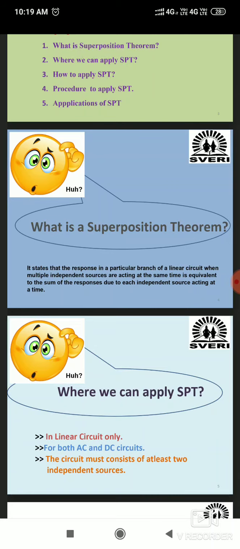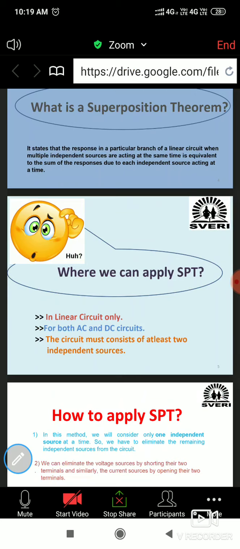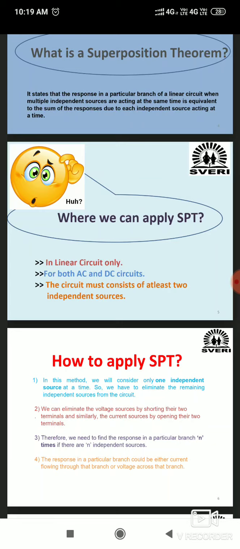Okay, now next point, where we can apply the superposition theorem. To apply the superposition theorem, there are some limitations, some conditions. So what are these conditions? We can apply the superposition theorem for a circuit which is linear.